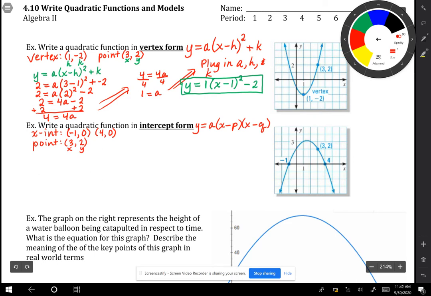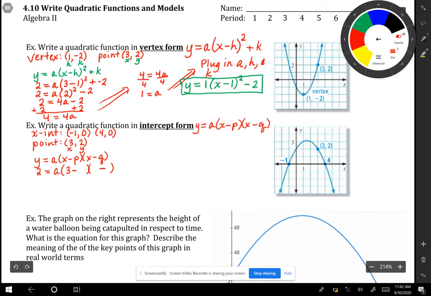Again, we have everything we need, and we just have to plug it into our equation. So our equation is y equals a times (x minus p) times (x minus q). We're going to replace y with 2, a with nothing, x with 3, and put our minus signs in from our formula.